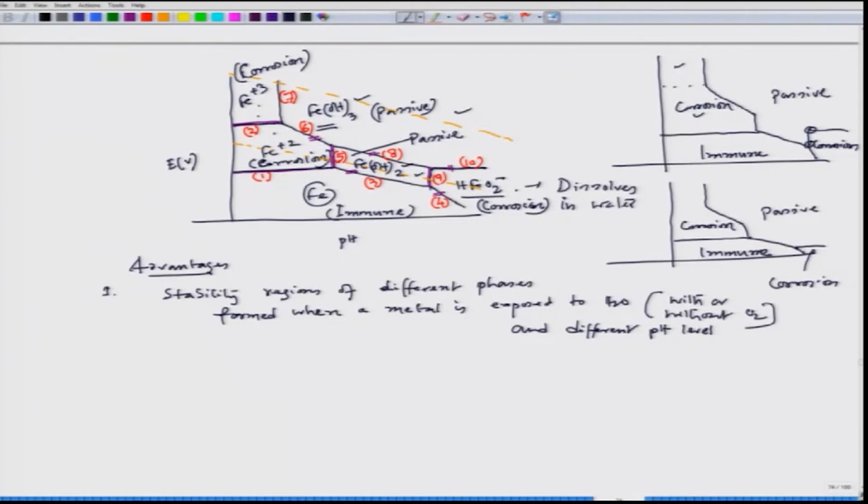So, that is what we are saying, that we are finding corrosion zone, immune zone, passive zone and corrosion zone on the right side, on the higher pH side. This is one important piece of information we get once we do these thermodynamic calculations and find out this diagram.